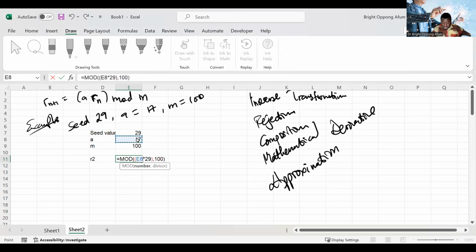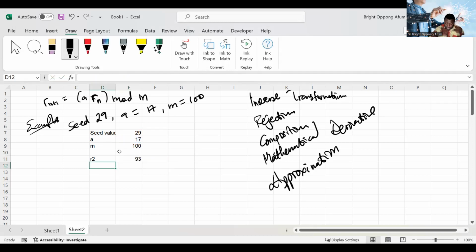I have to pick A and make it a constant, then pick the divisor, which is also a constant.